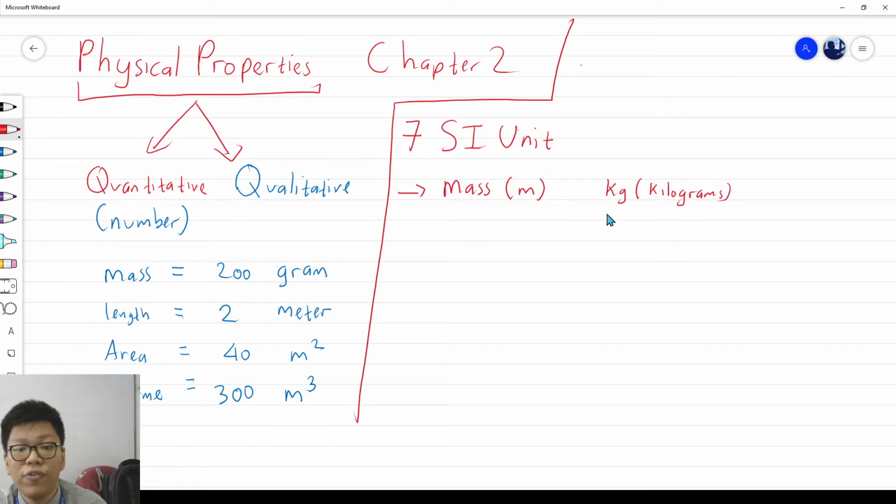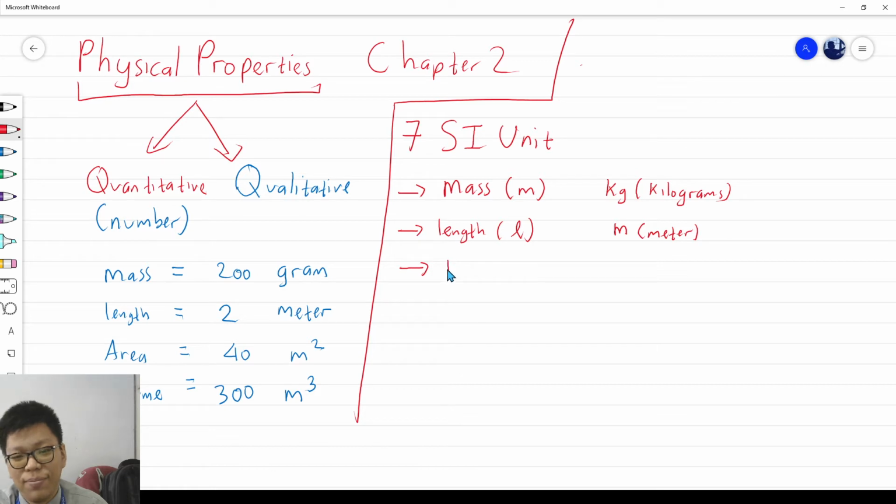So if you have grams, you need to convert it into kilograms. Second, we have length. The symbol of length is lowercase l. The SI unit, the unit that is universally accepted, is the meter. The symbol is lowercase m.